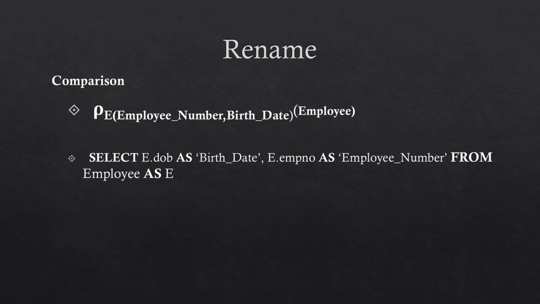So select e.dob as birth_date, e.empno as employee_number from employee as E. So rho in our first bullet is equivalent to AS in SQL, where E after the rho is equivalent to E in SQL, which is employee as E. So employee_number is the alias of e.empno, and birth_date is the alias of e.dob.